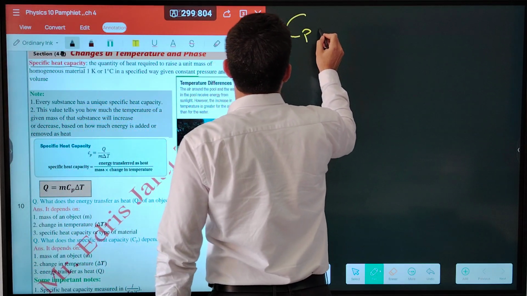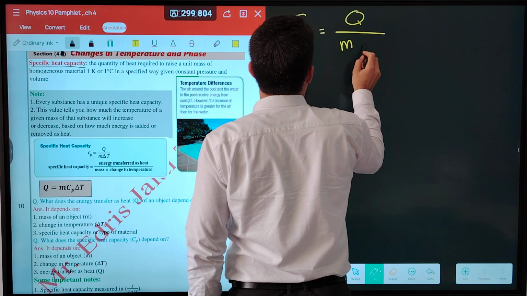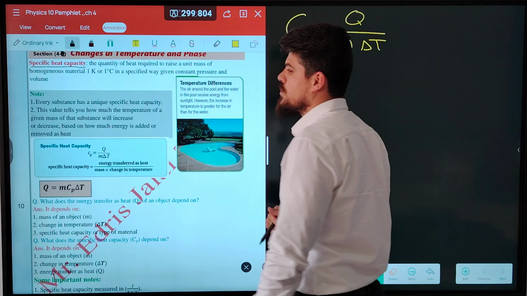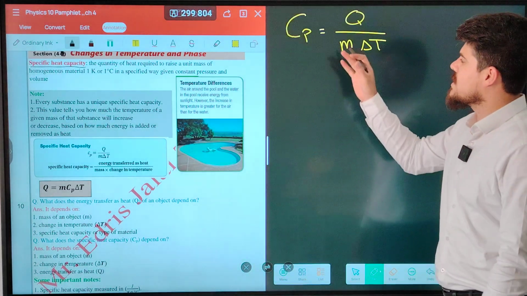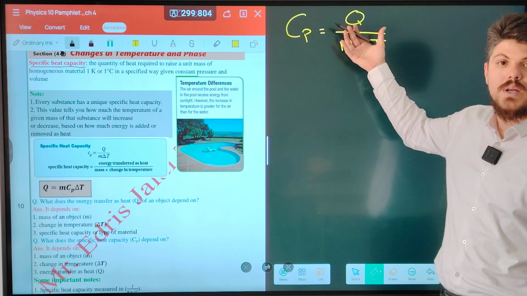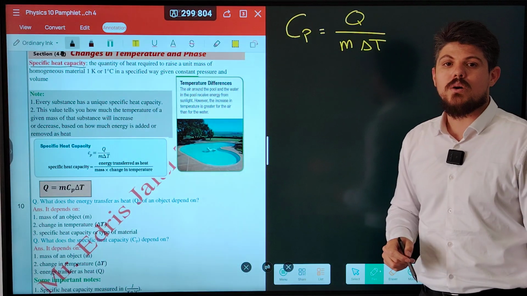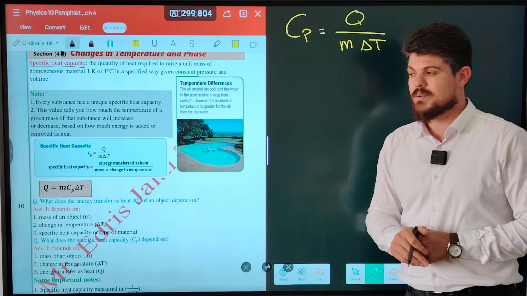Mathematically, Cp is equal to Q over mass times change in temperature. You can also define it as the amount of energy required per mass and per change in temperature of the substance.